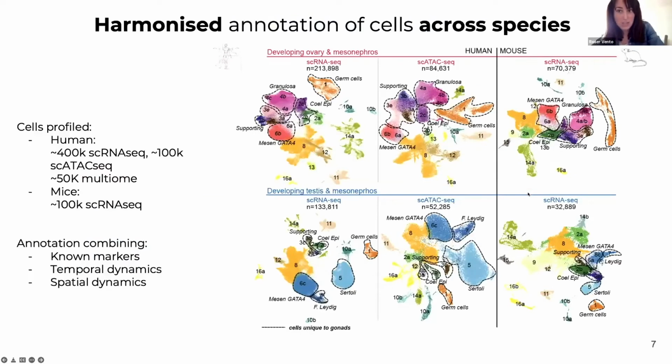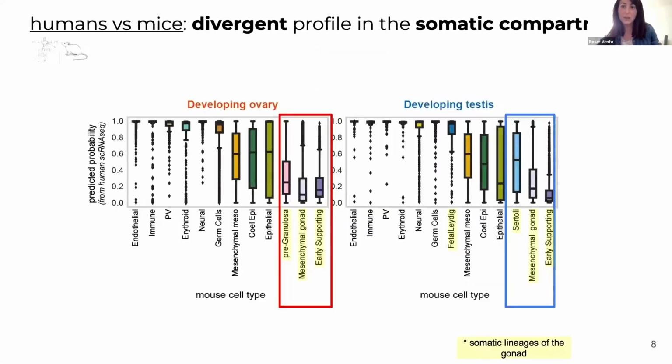We aimed for a harmonized annotation across the species, which means that we annotate the same cell states in both species. There were a lot of differences between the markers, and that's why, to do that, we also used the temporal dynamics and went back and forth with the spatial data. And thanks to this harmonized annotation, we can compare gene expression between species.